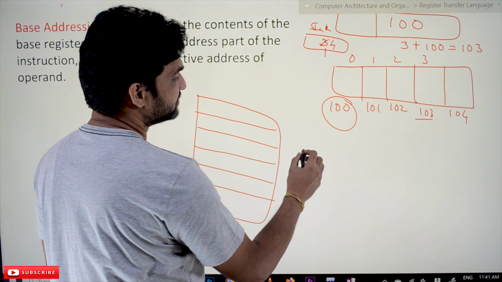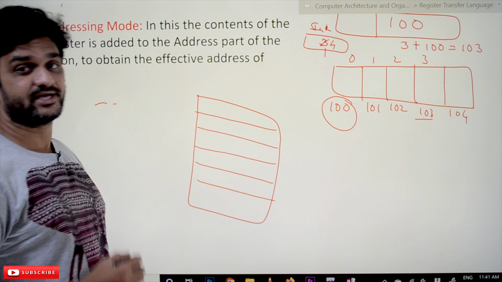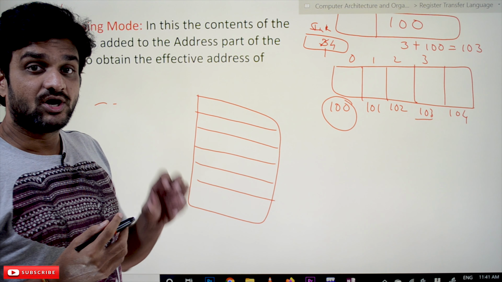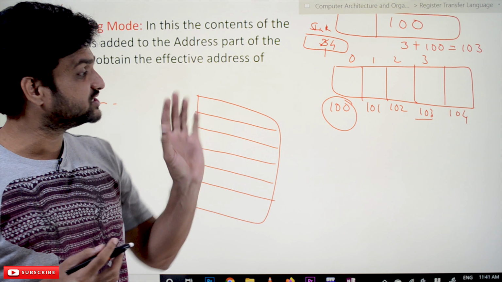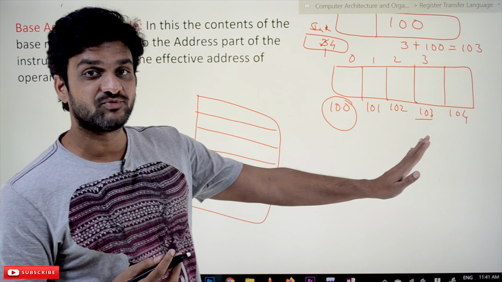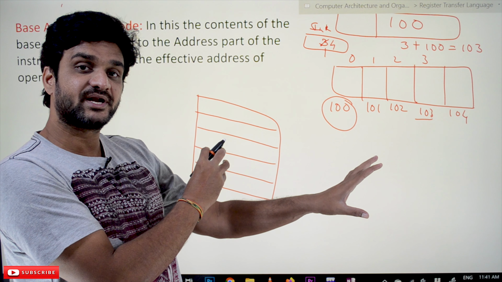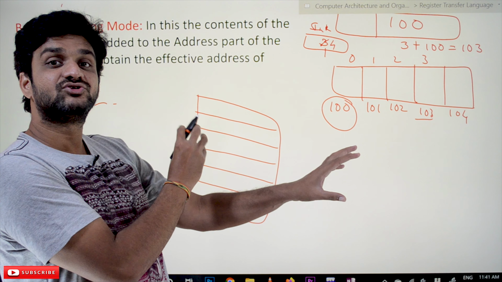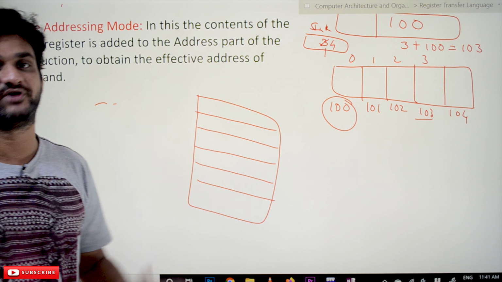On our computer, multiple programs will get executed. A program will get executed for a certain amount of time. After that, that program will be removed from the memory, and the next program will be brought into that memory. So this is what we call a multi-programming environment.